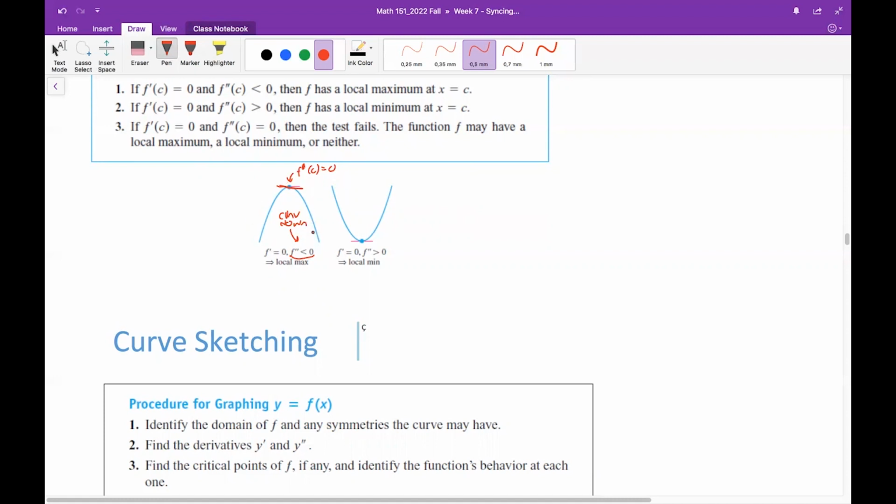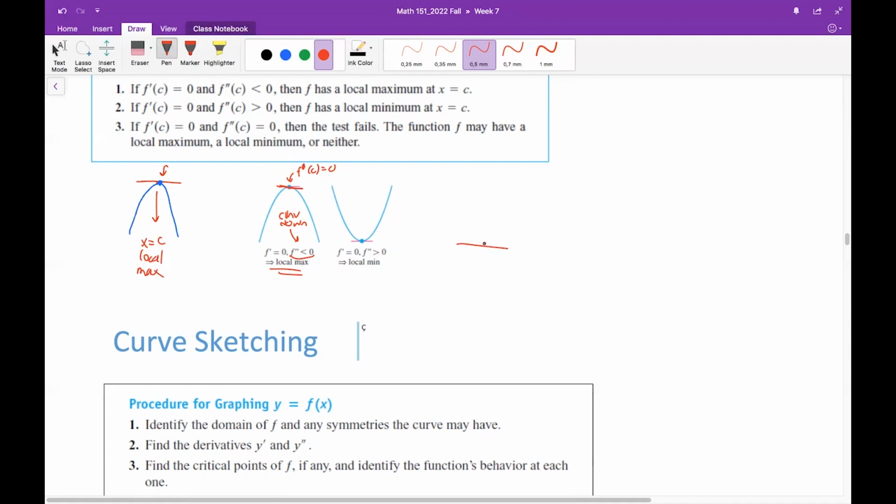If you have a horizontal tangent and your curve is concave down, then you see that this is a local maximum point.